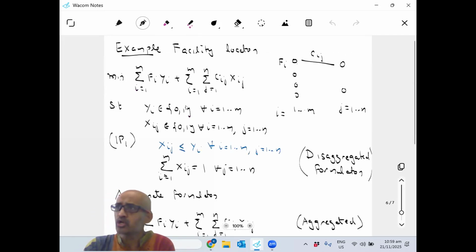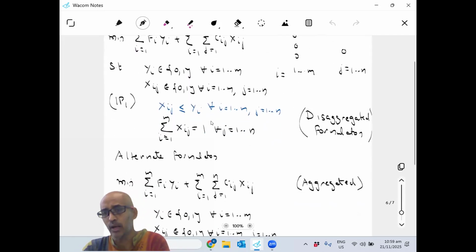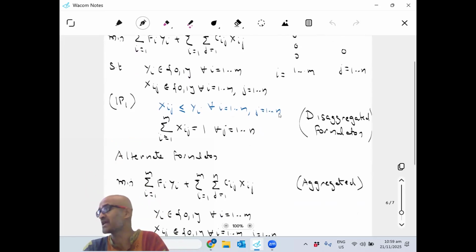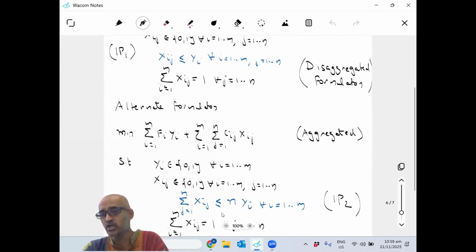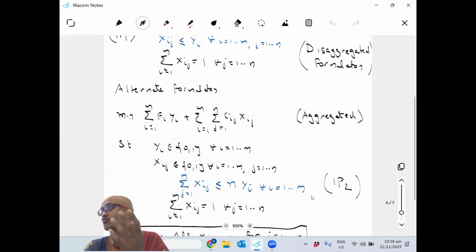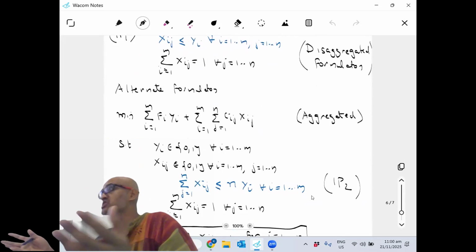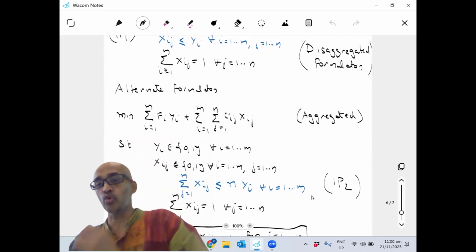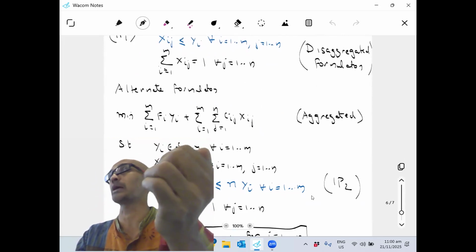But IP1 and IP2 look different. In IP1, forget all the other constraints, I've got m times n constraints here, while IP2 has only m constraints of this type, right? So IP1 looks like a much bigger formulation than IP2. You have the same number of variables in both, but you have a lot more constraints in IP1 compared to IP2.